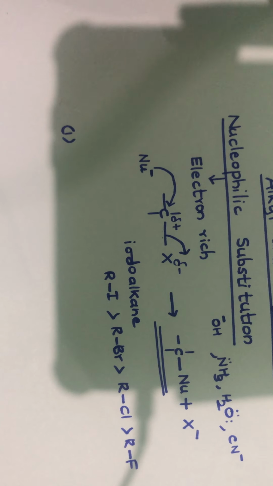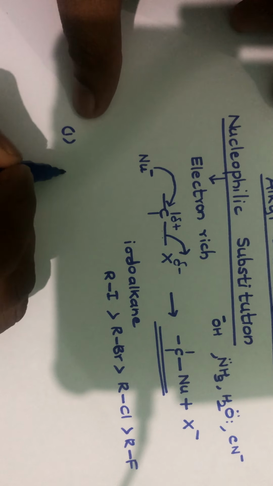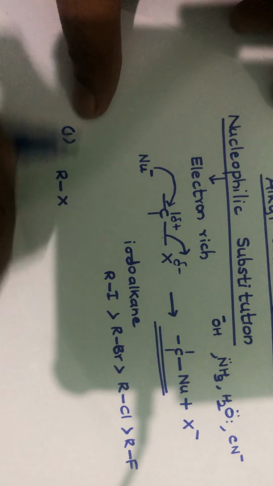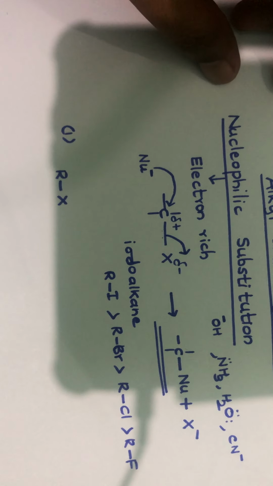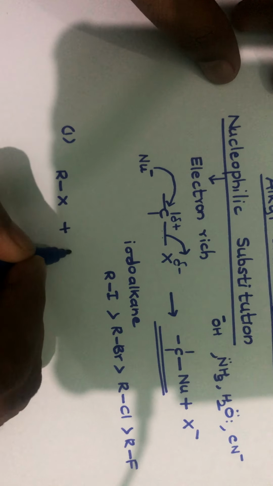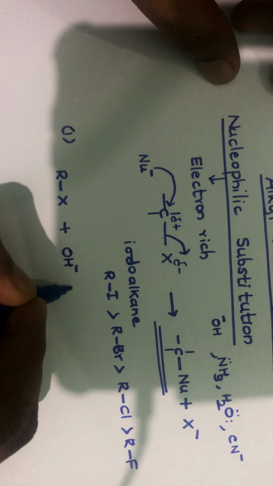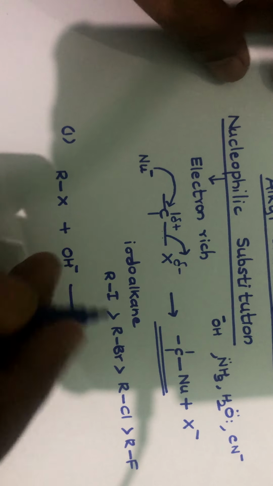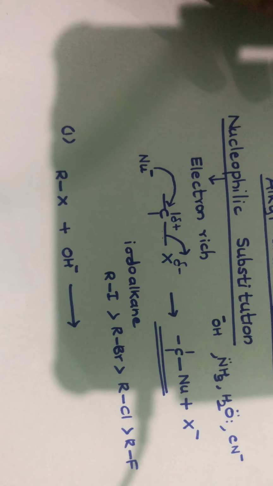Now, for example, if we have an alkyl halide and we treat it with OH minus, OH minus can be obtained from KOH or NaOH.